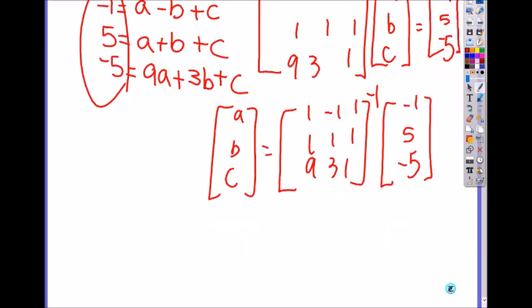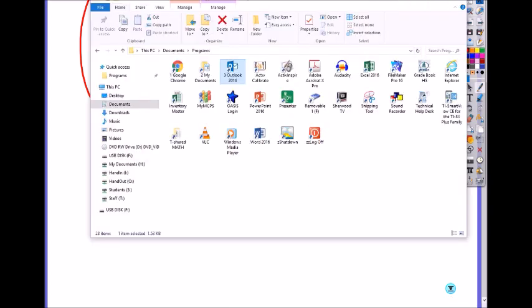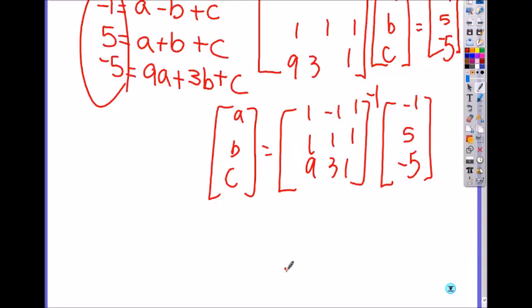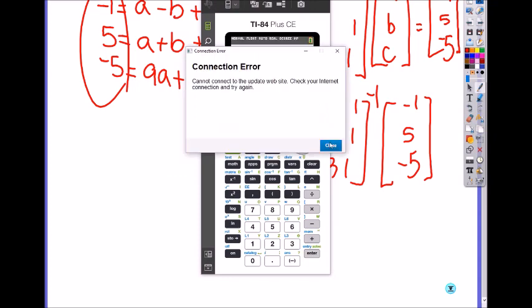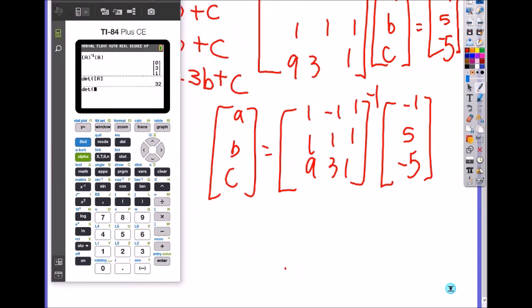So let's go ahead and find what the inverse of this matrix is. Put the original equation first. Go to second matrix, edit it. First one, I'll do 3 by 3. And it's 1, negative 1, 1, 1, 1, 1, 9, 3, 1.